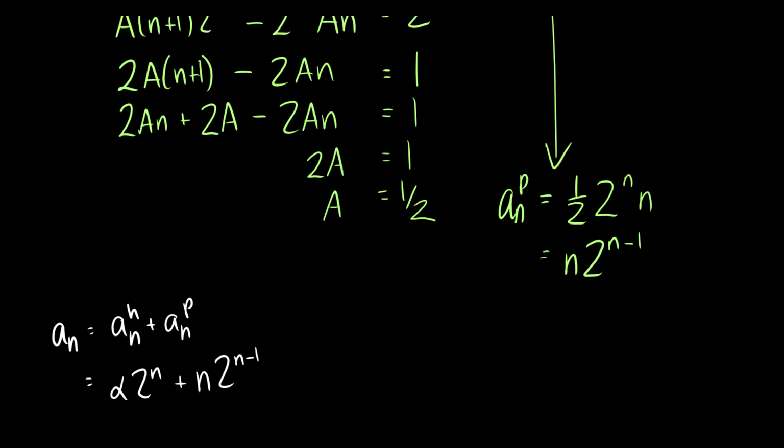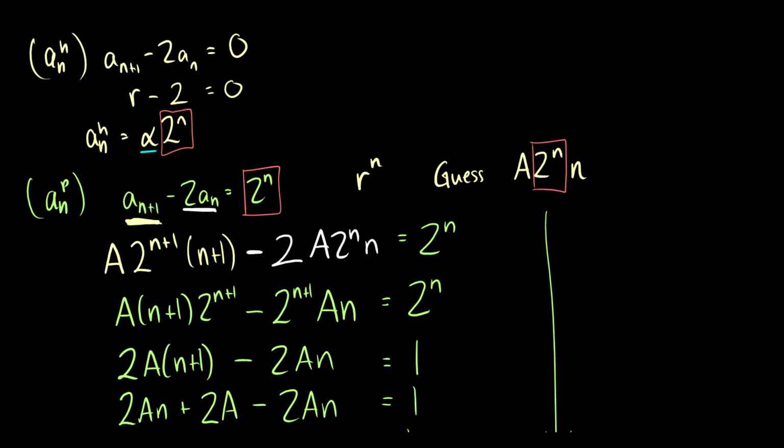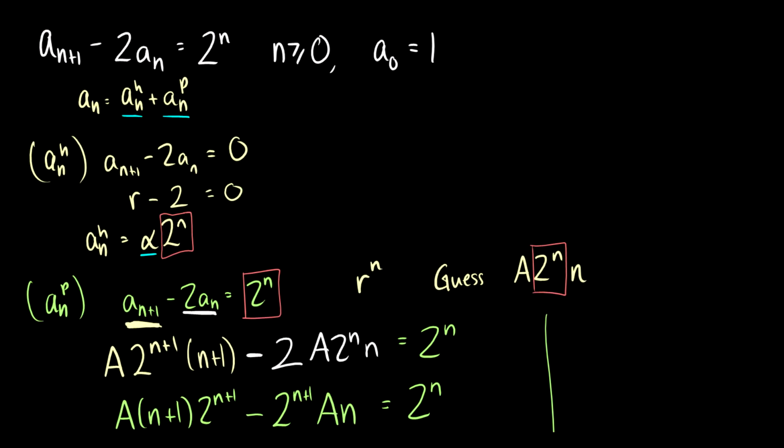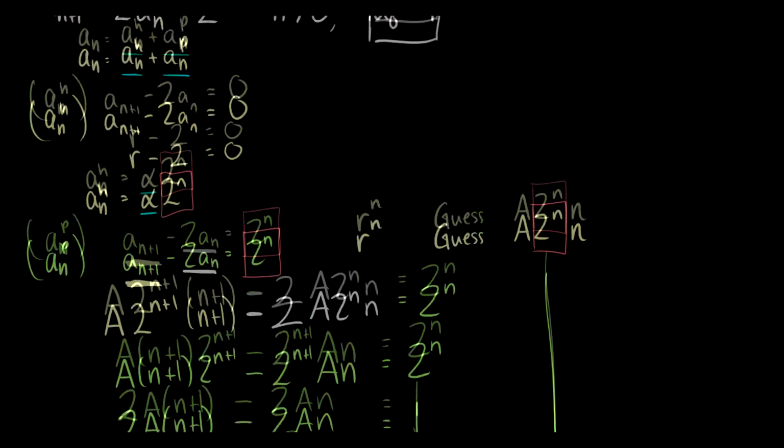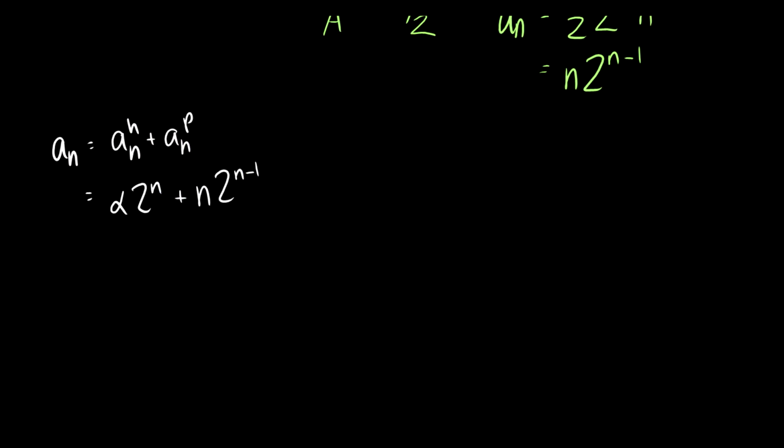Well, what do we know? We know that a0 is equal to 1. Okay, so let's go down here, and we'll say that a0 is equal to 1, which is going to be alpha plus 0.